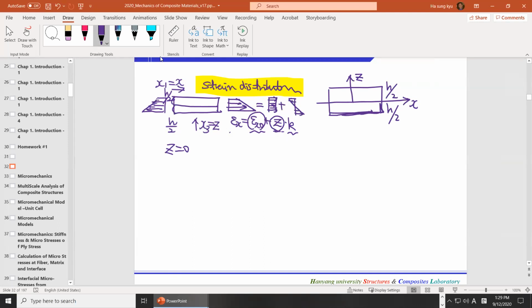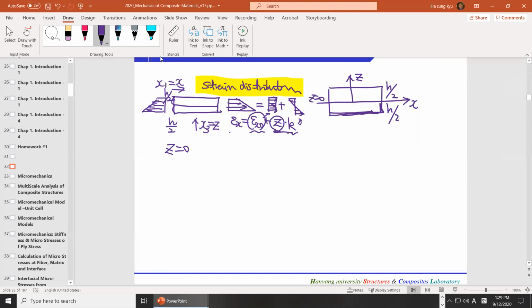So uniform strain and a purely linearly varying term. Epsilon 0 is this one, and zk is this term. And this is z equals 0.